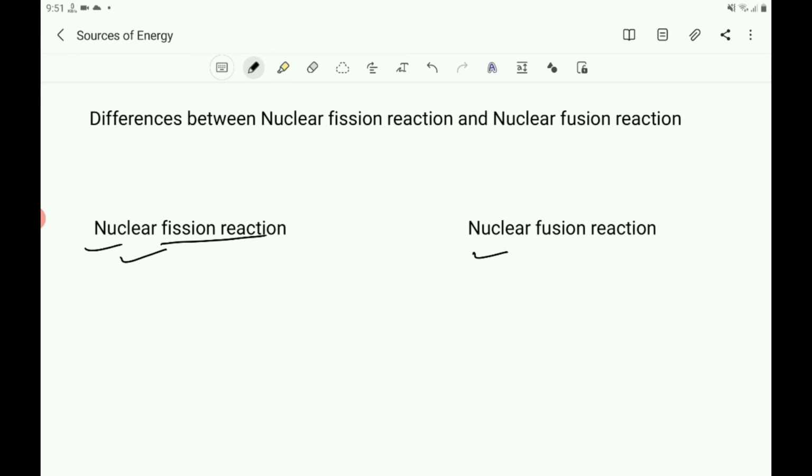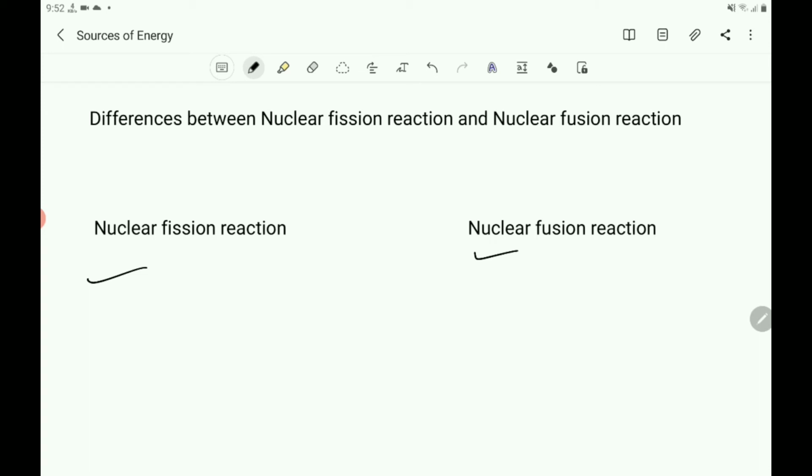Products of fission reactions are generally radioactive. In nuclear fission reaction, the product nuclei are generally radioactive. Products of fusion reactions are not radioactive. In this case, they are not radioactive. Controlled fission reactions are safely carried out to generate power.